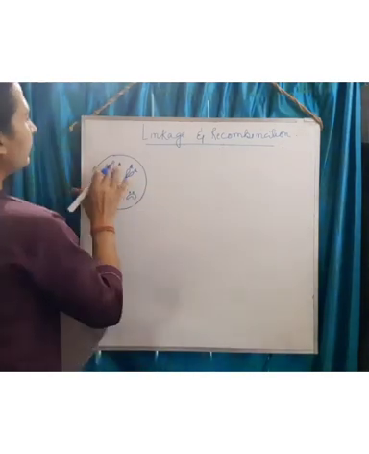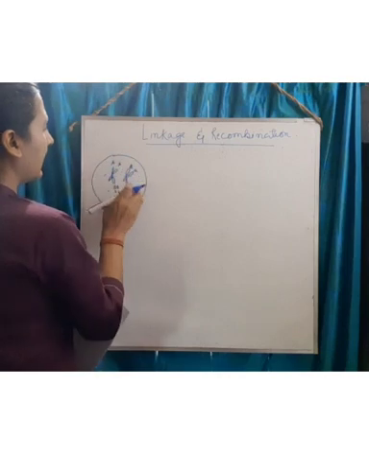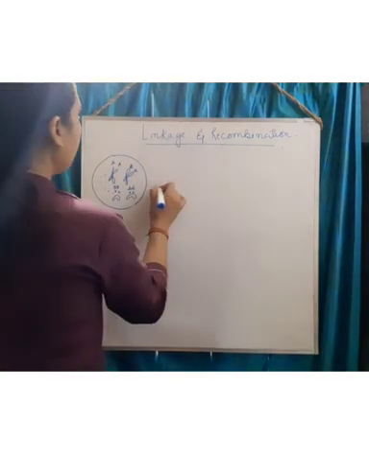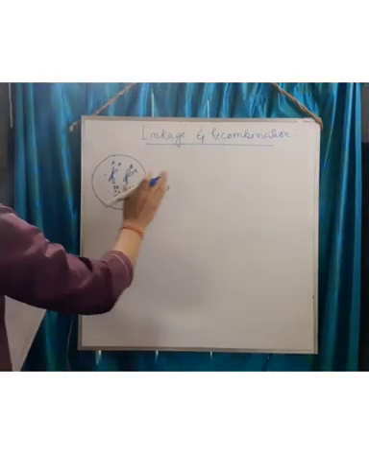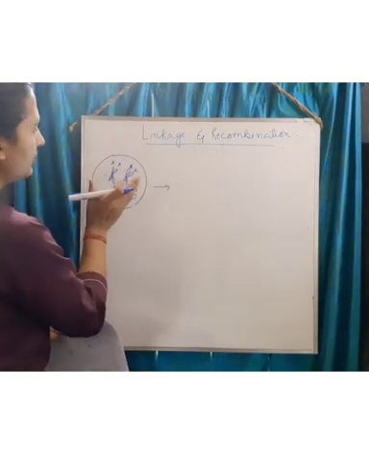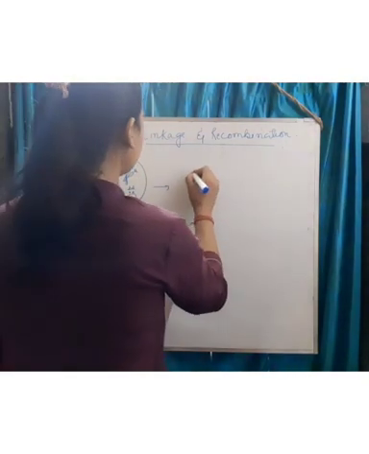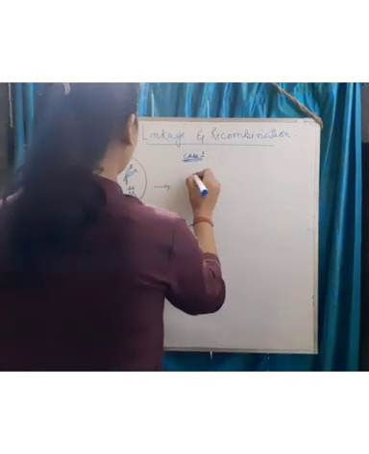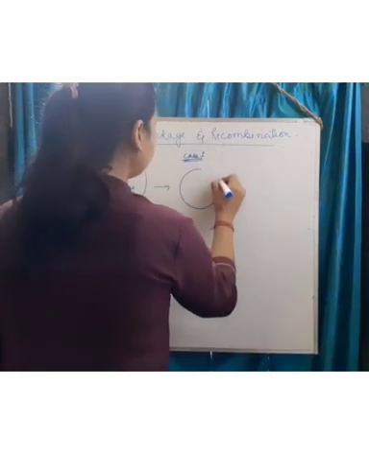That's why I'm making them different, one represented with a capital letter and the other with a small letter. Now what happened? Case 1, what are the possibilities? I will be showing you the possibilities.